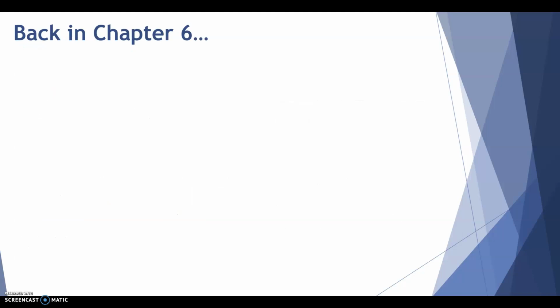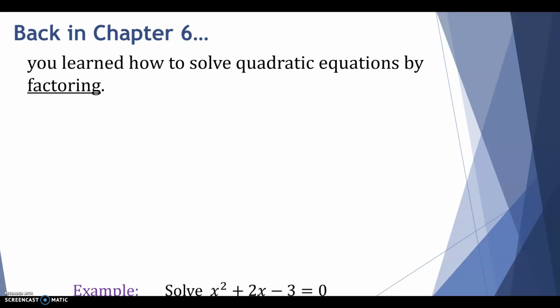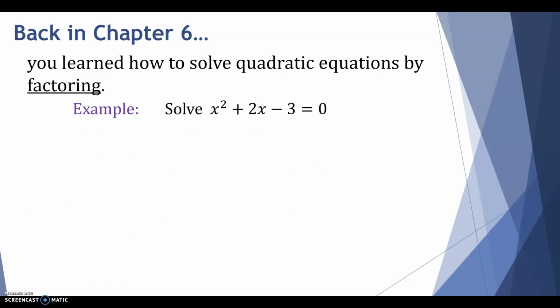So let's go back to chapter 6, which obviously none of you will remember. It is our factoring chapter. So when I gave you this equation, it was a quadratic equation. If I cover up the equal 0, you were to find factors of 3 that would add or subtract to give you the 2.